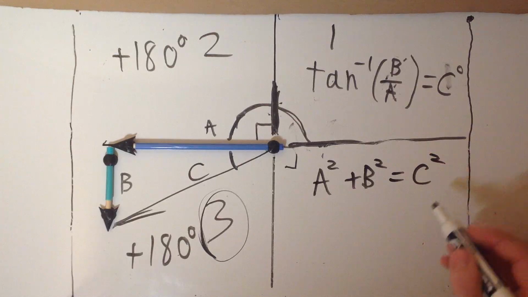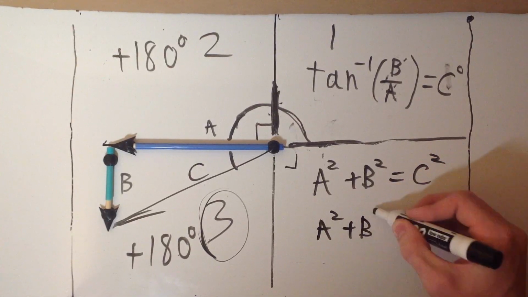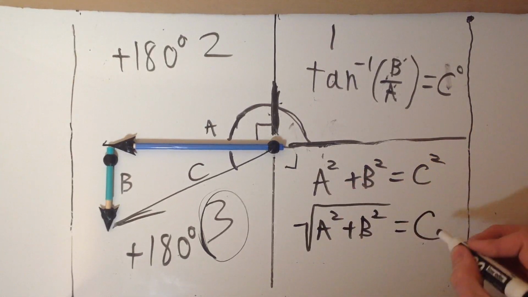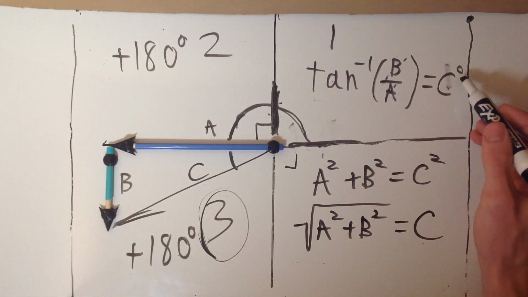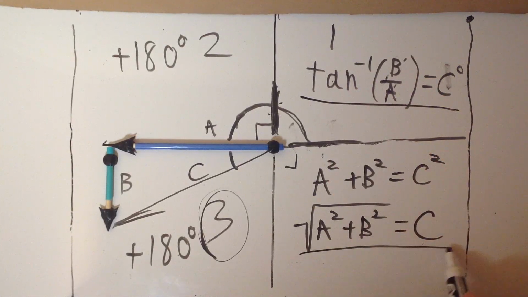To get c by itself, you take a squared plus b squared, then take the square root of both of those, and that gets you your c value, which is your magnitude. So you have your degrees from the tangent inverse, and your magnitude from the Pythagorean theorem.